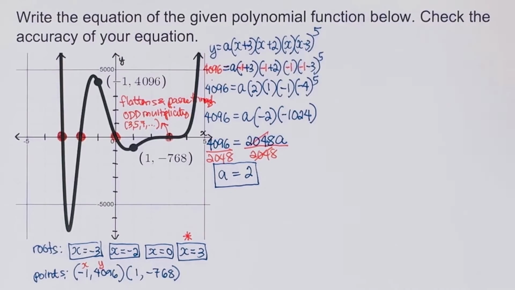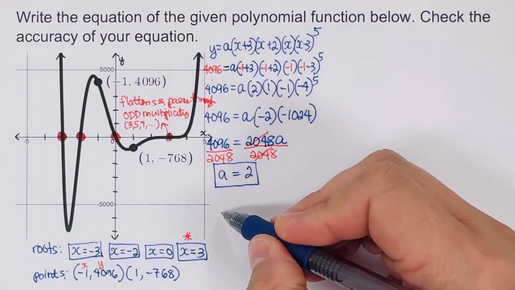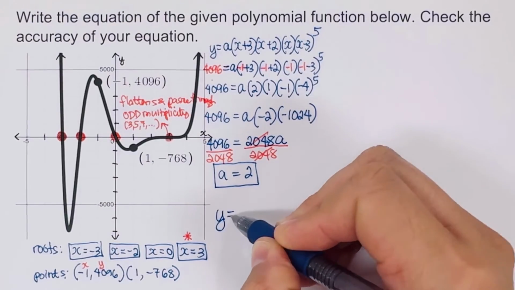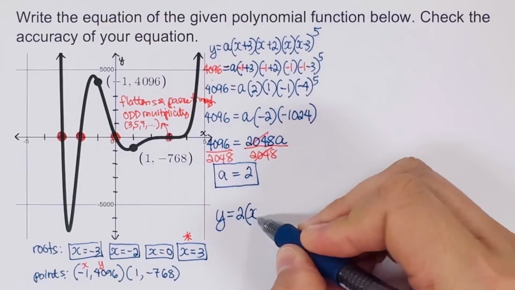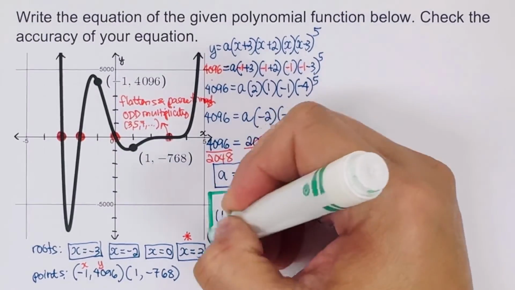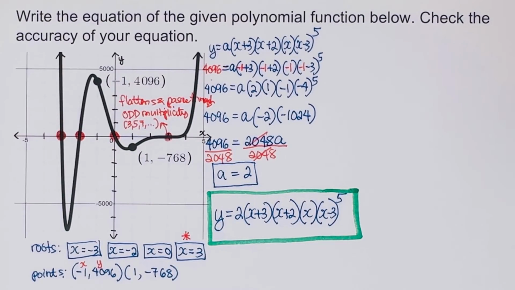So we can say that the second possible equation for this graph would be y equals, I'm just going to copy everything here, but the a becomes 2. In this equation right here, you can go ahead and write x after the 2. That should be fine. It's just the same thing because it involves only multiplication.